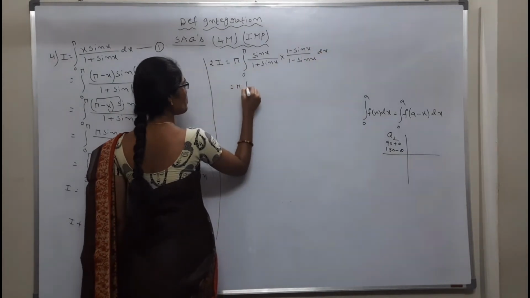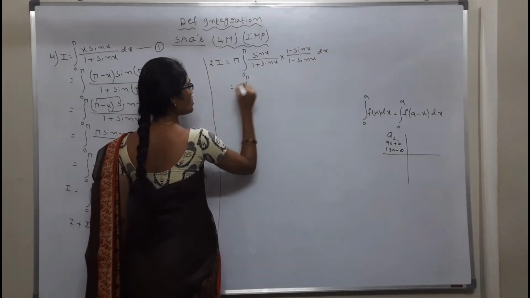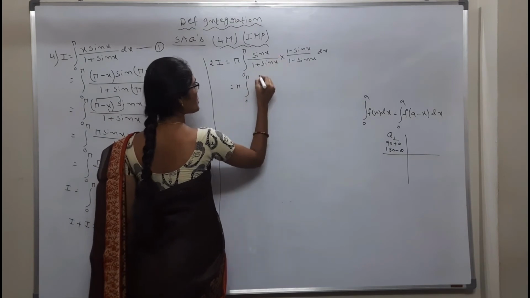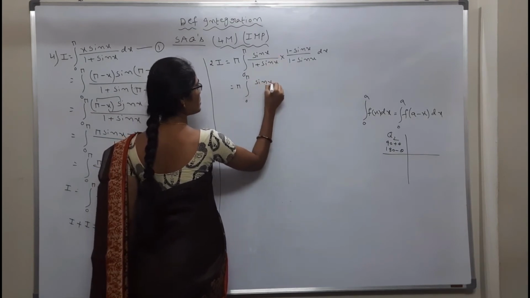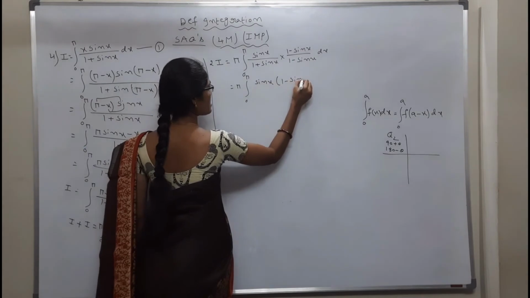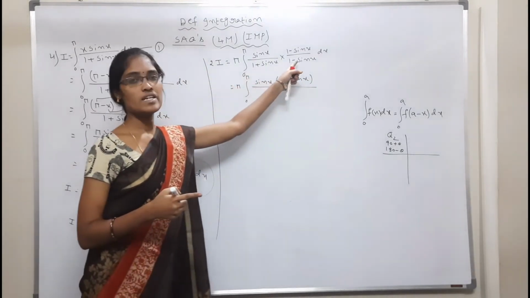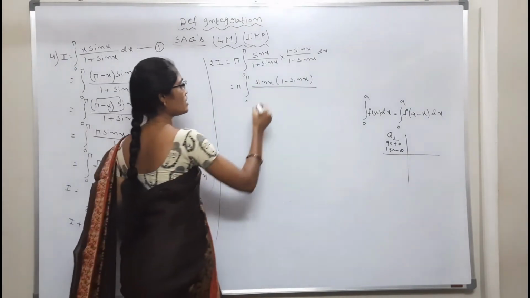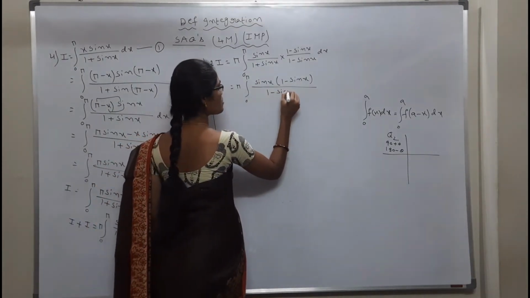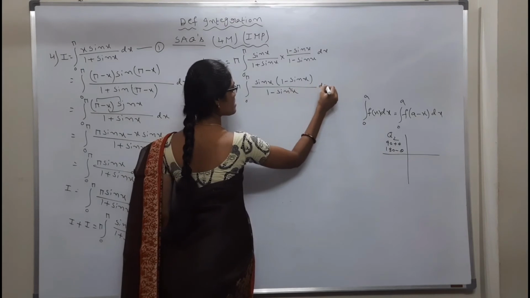That is equal to pi into integral 0 to pi, again multiplication, sin x into 1 minus sin x by, it is in the form of a plus b into a minus b, a square minus b square. So 1 minus sin square x dx.